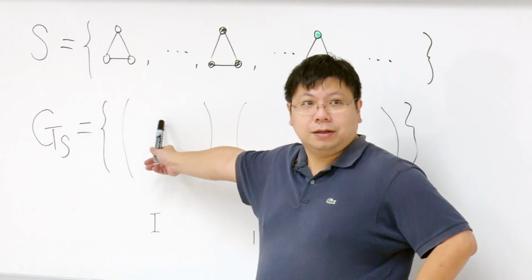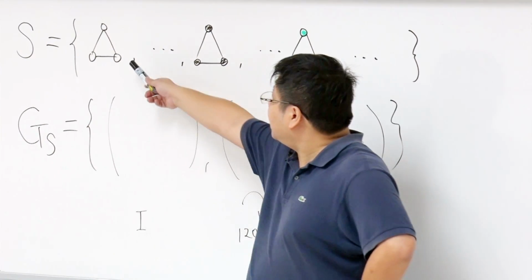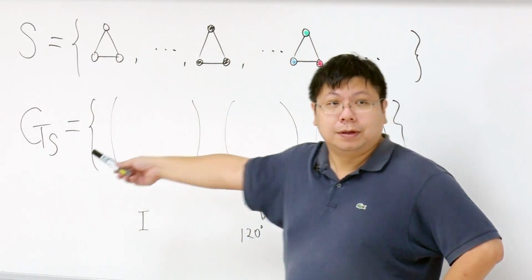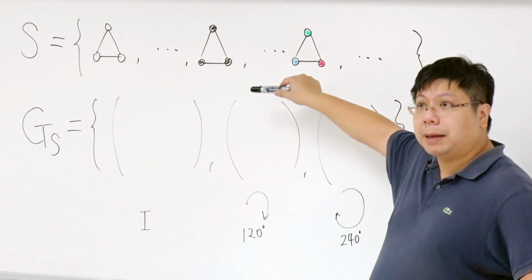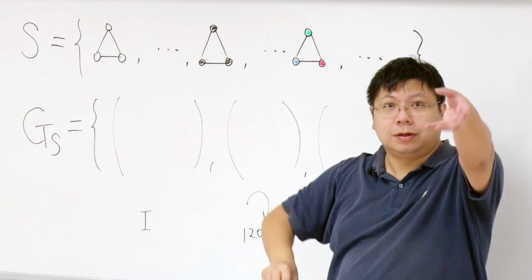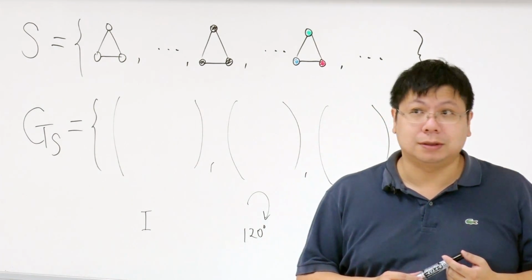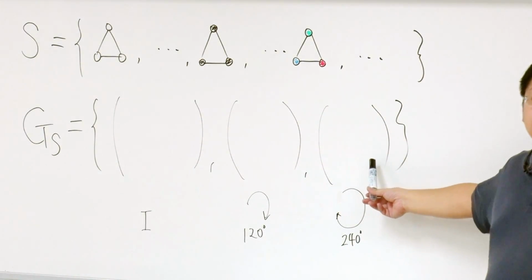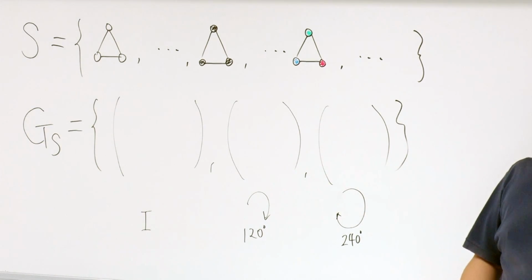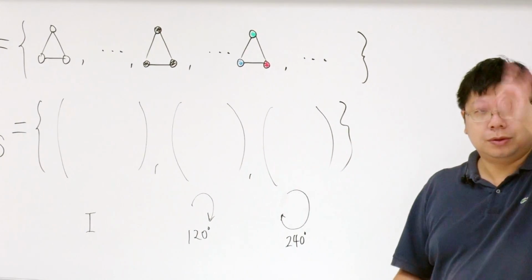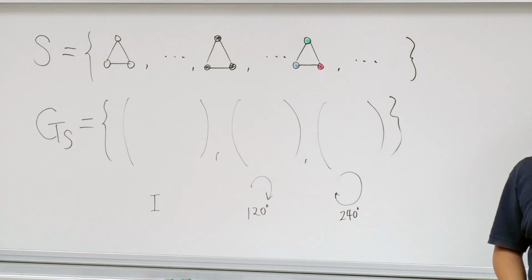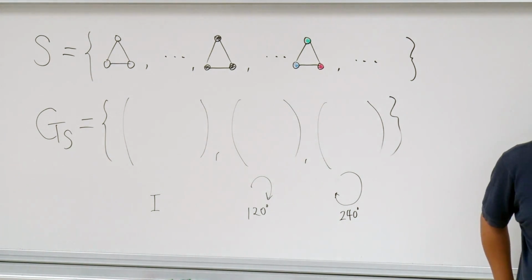One permutation that maps each item of S to itself. The other permutation maps each item of S to its 120 degree clockwise result. And finally, another permutation maps each one to the corresponding case after rotating 240 degrees.